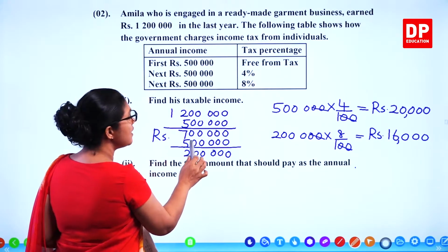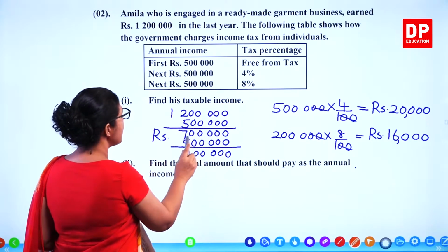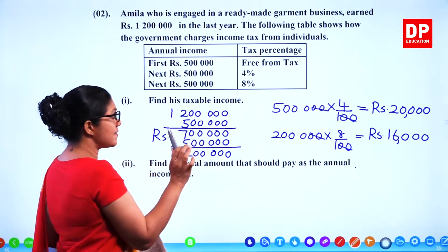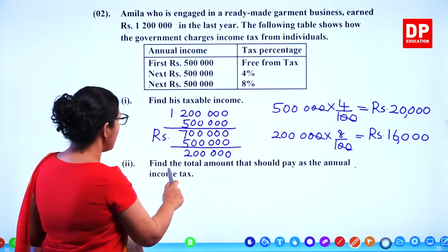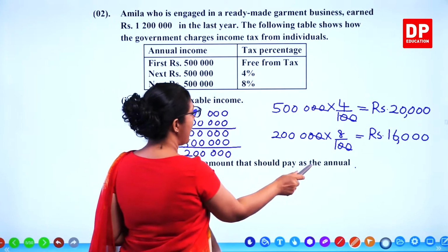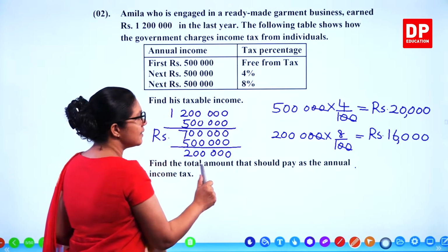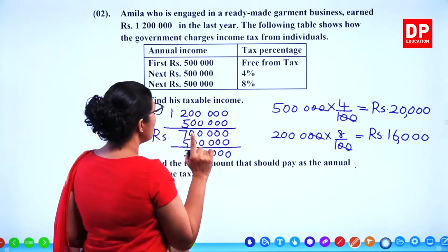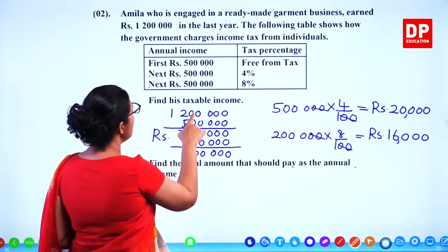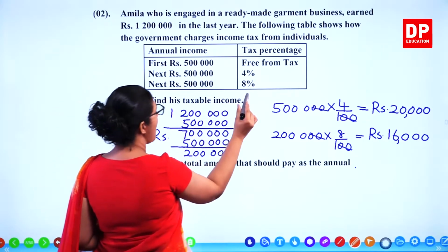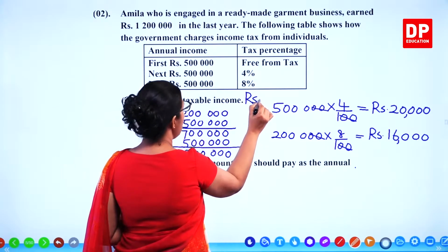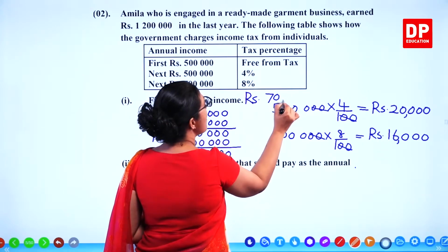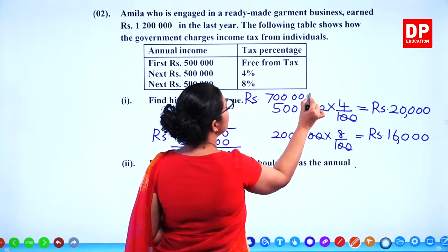So taxable income you can write as 700,000 rupees. That's the taxable income. And find the total amount that should be paid as the annual income tax, the sum of these two. So we'll write down the answer for this question. Find his taxable income is just, you can write 700,000 rupees.